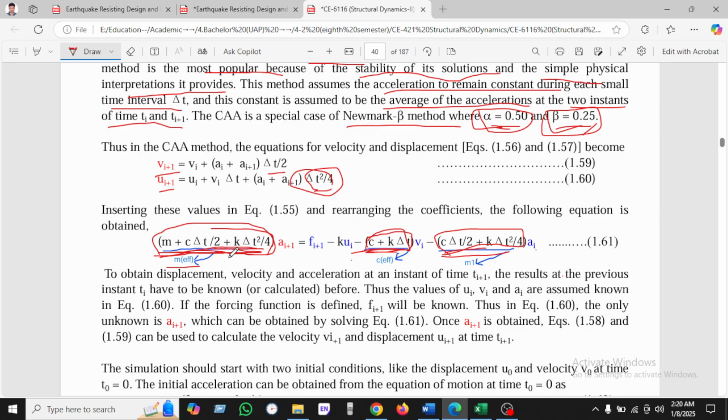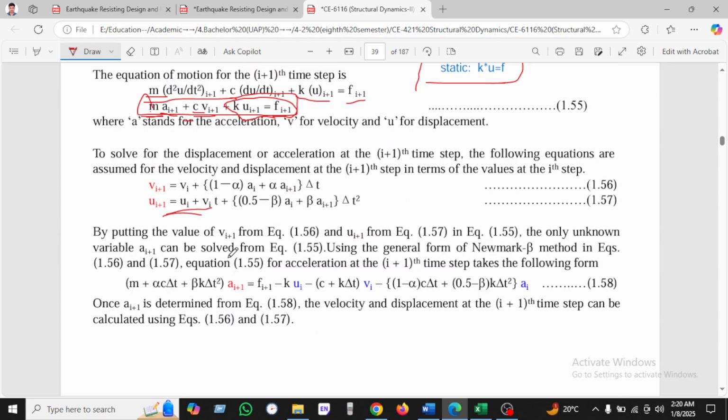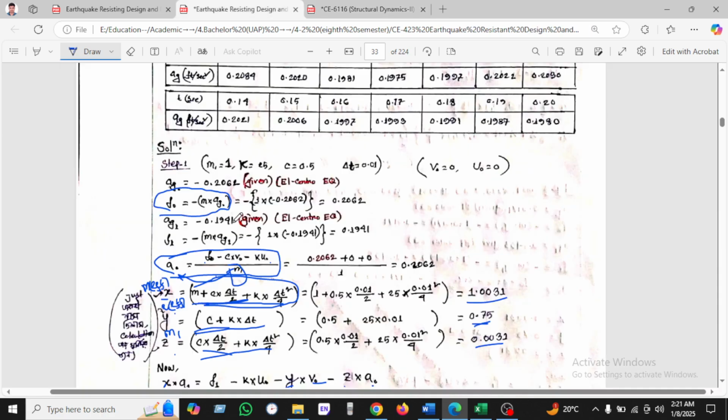If we want to see this equation, if we subtract this, then it will be minus k into u, and minus c into the velocity, and divided by m.